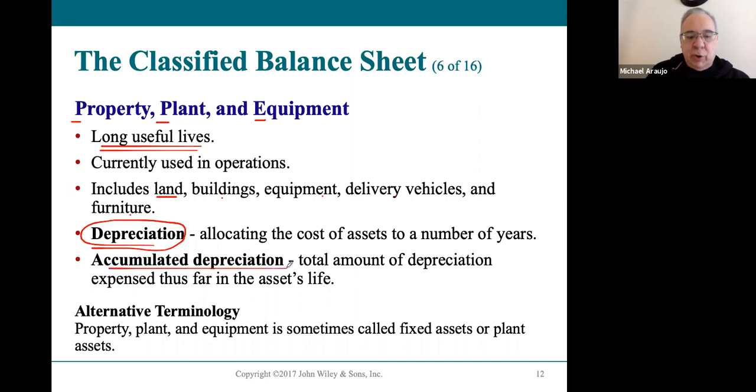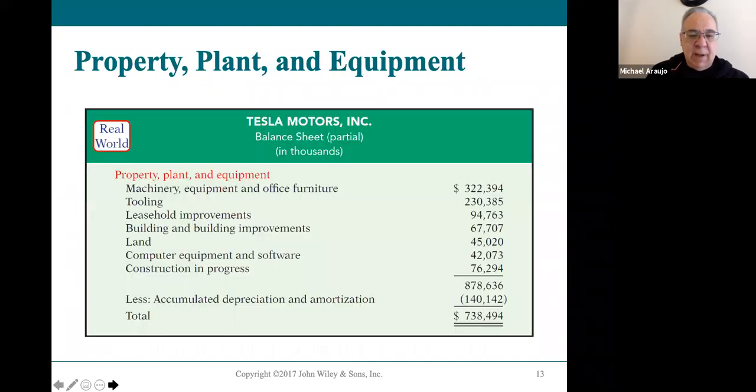We know how much the total depreciation is because it shows up as accumulated depreciation on the balance sheet. Here is a partial balance sheet for Tesla showing its property, plant, and equipment, and it has a lot of it, as you see. Okay. And again, they also took away their accumulated depreciation.